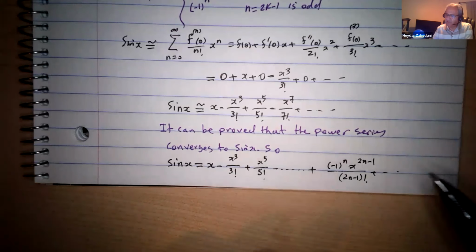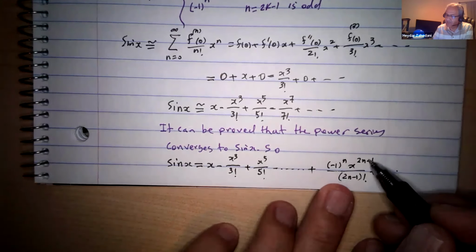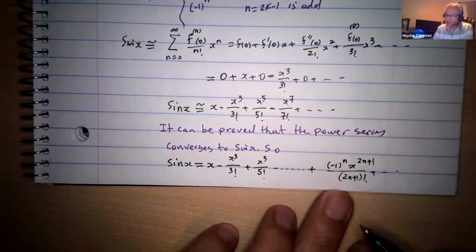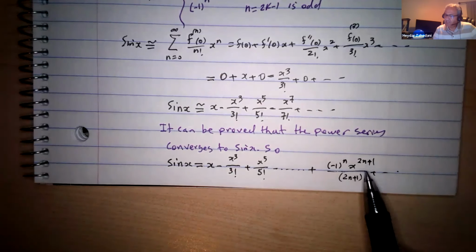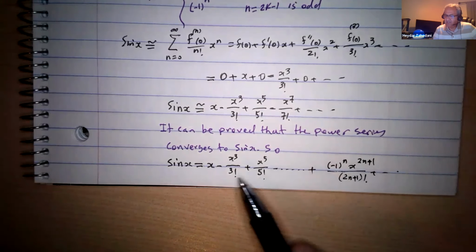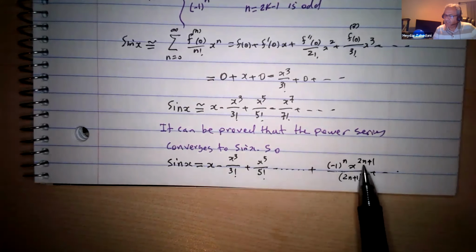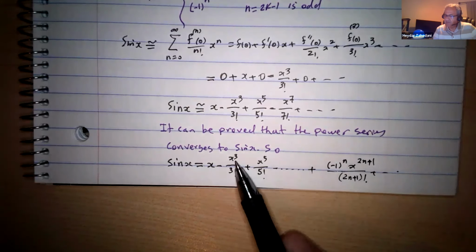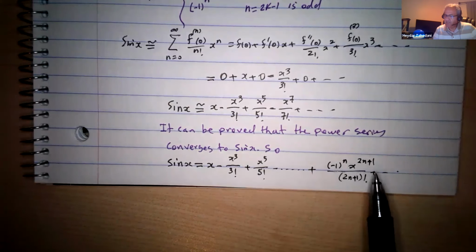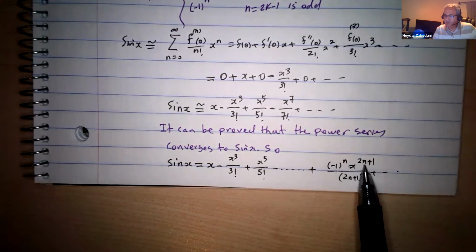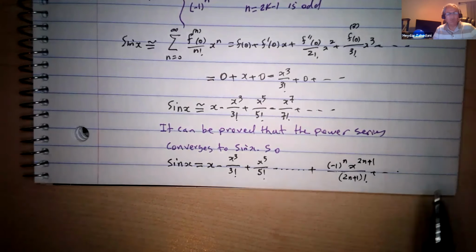So you change it to the 2n plus 1. That makes sense. Now when you replace n by 0, that gives you x. Replace n by 1, that gives you the third, and this would be negative. If you replace by 2, that is going to be x to the 5th over 5 factorial, etc.